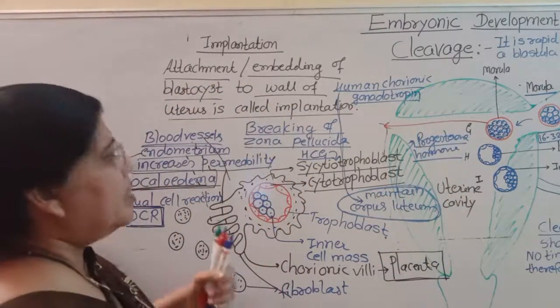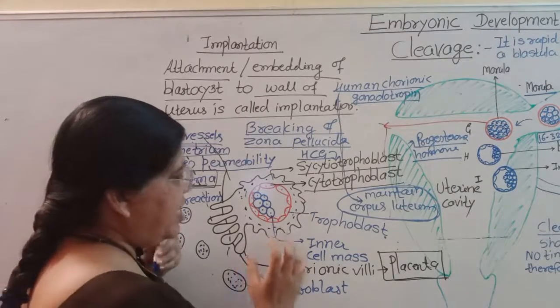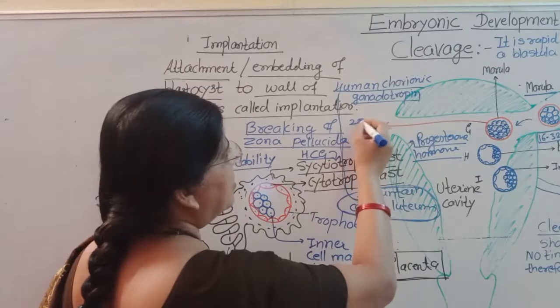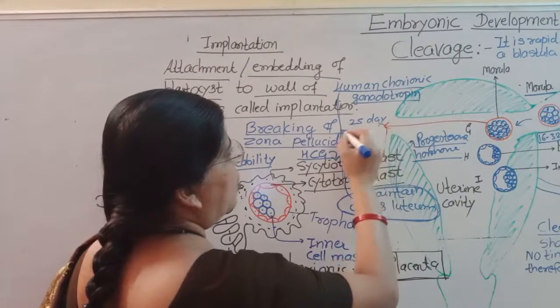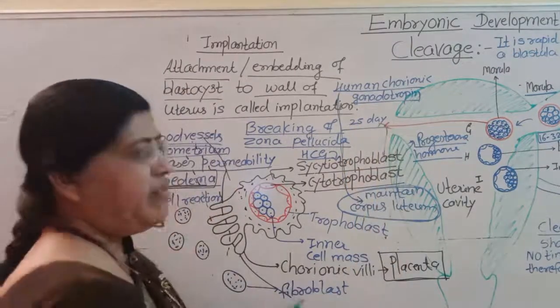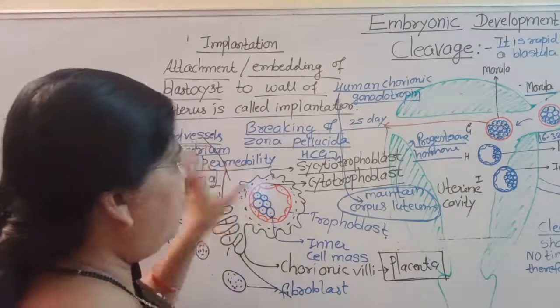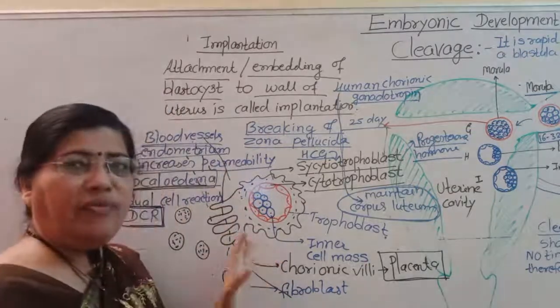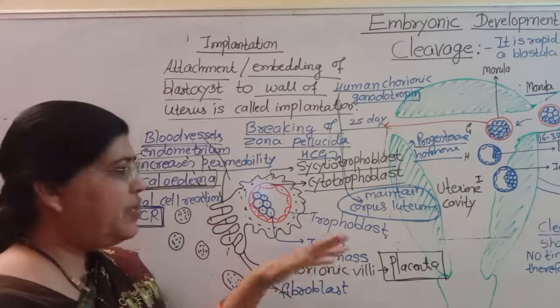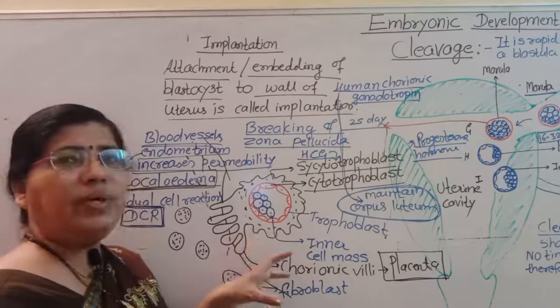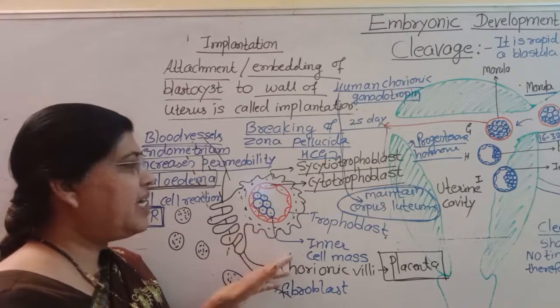So at the 25th day of menstruation, or at the 10th day of fertilization. See, during menstruation, ovulation takes place on the 14th day of cycle.